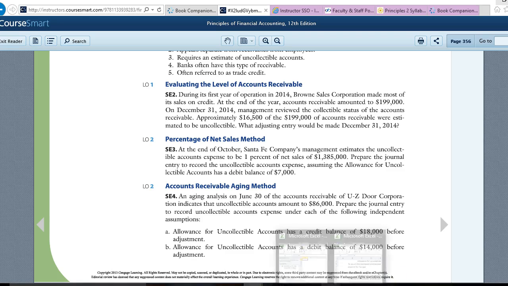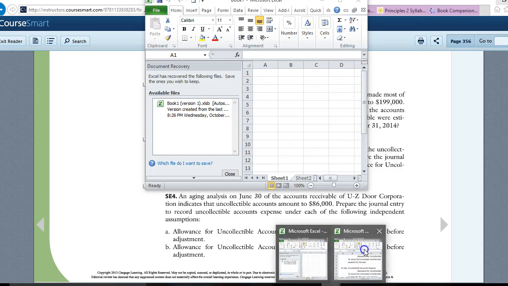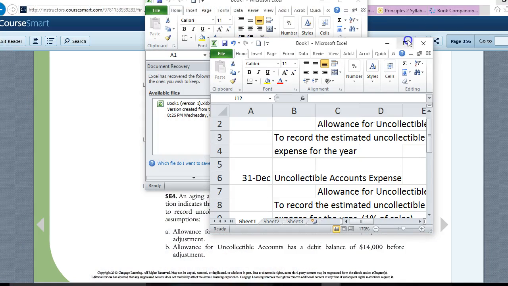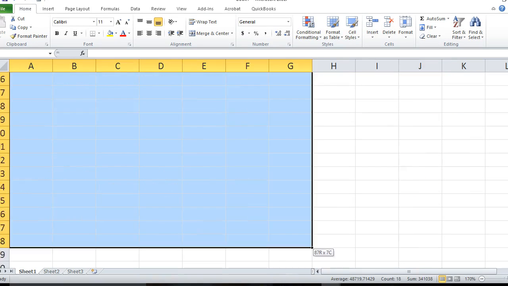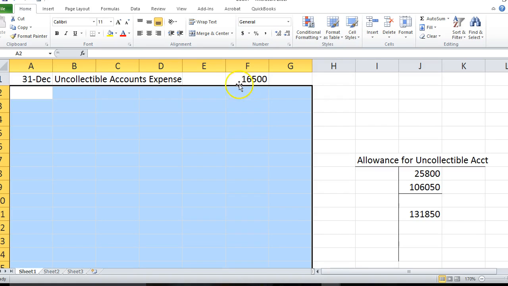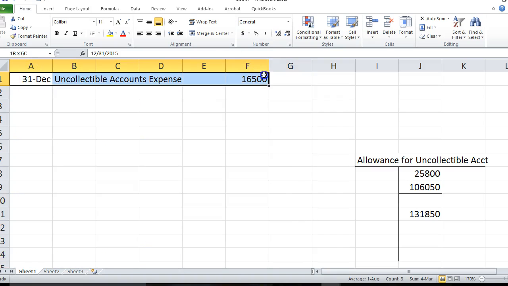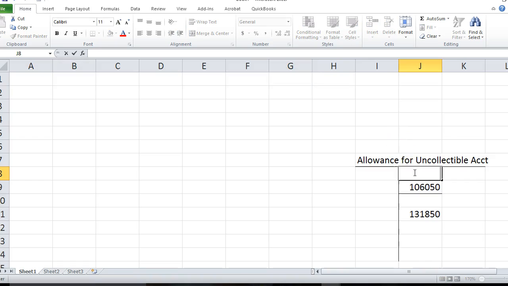So what we're going to do here under SE4: if our uncollectible should be $86,000, we need it to be at $86,000.